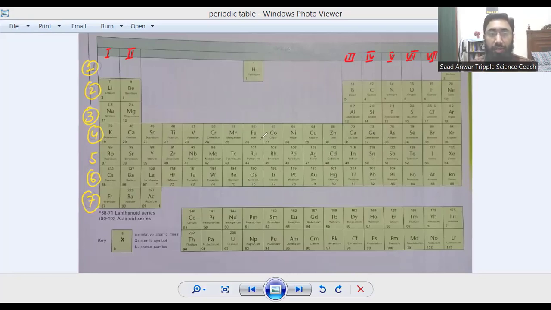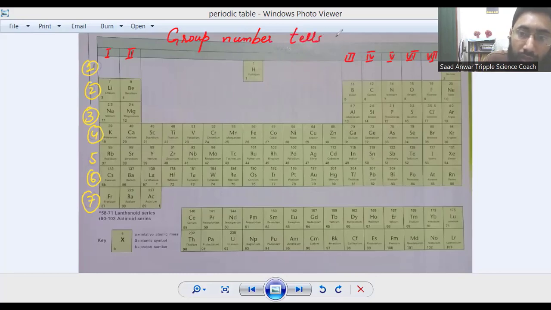And the trick is, remember guys, write this line in your notebook. Group number tells us about the number of electrons in the outermost shell.